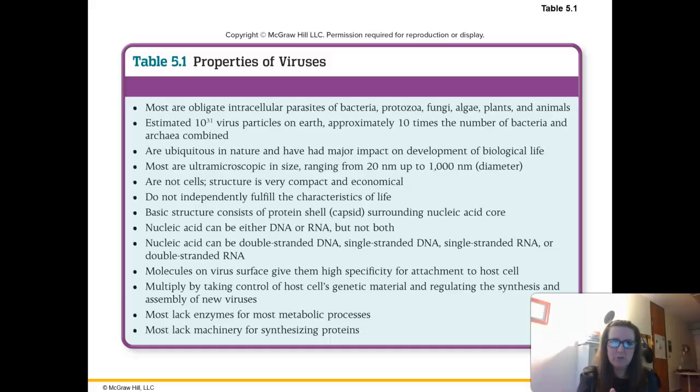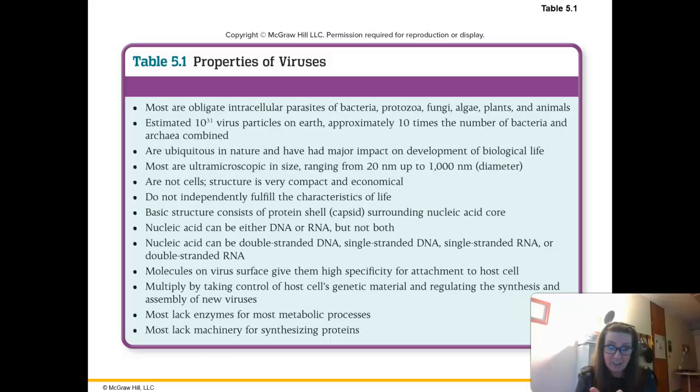But essentially, if we go through this list, the very first thing is that they are obligate intracellular parasites of nearly everything else: bacteria, protozoa, fungi, algae, plants, and animals. So they have to have a host. If they don't have the host, they can't survive. So that right there means they can't be alive, if you can't live on your own at all, ever, and you can't reproduce yourself on your own.